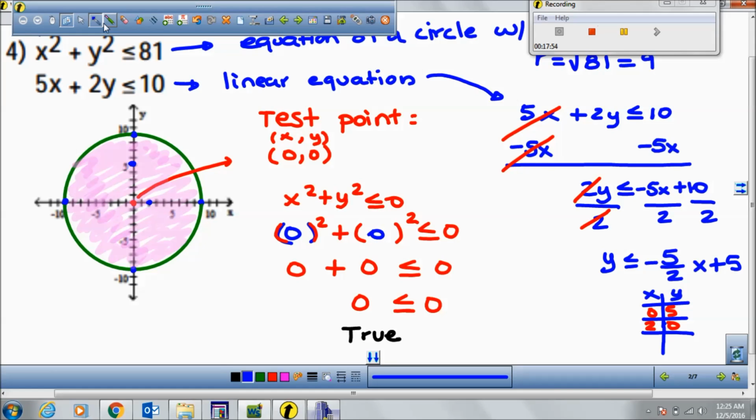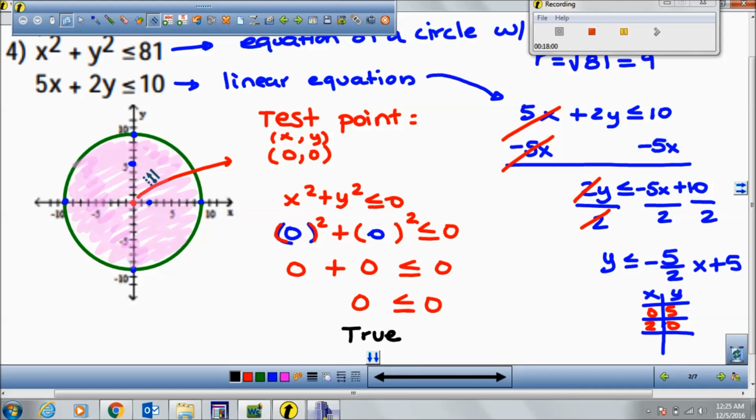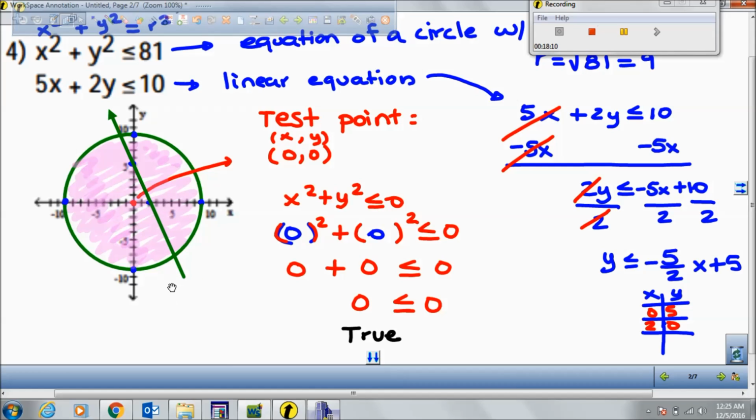And we're going to draw a line. Okay, let's put it in green also. Okay, so this is the line passing through these 2 points.